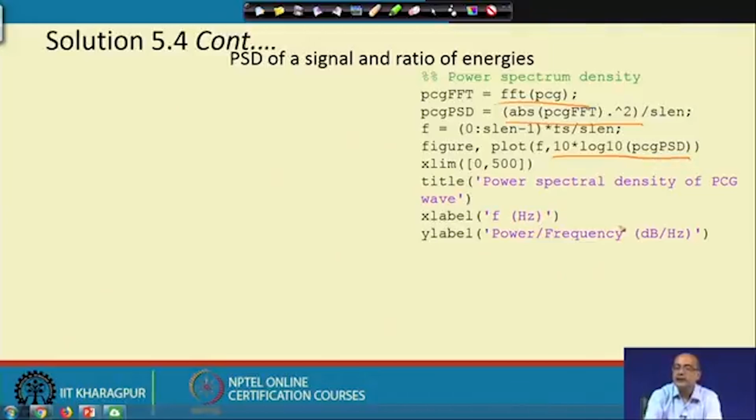As it is given that they are sampled at 1 kilohertz, we get the signal from minus 500 to plus 500. So, we concentrate on the positive part of it, that is 0 to 500. We limit that to get a better view of the signal.